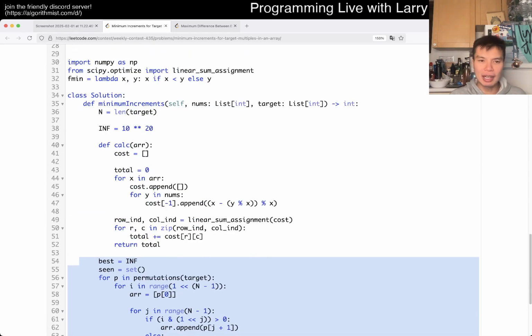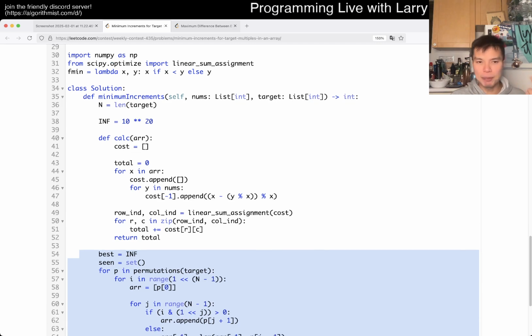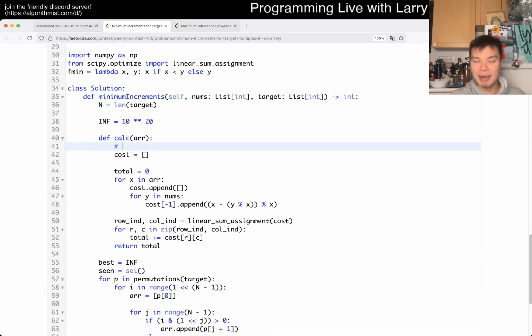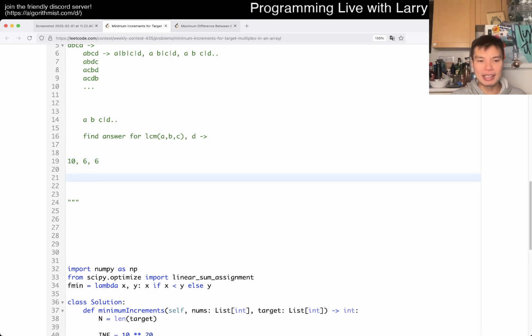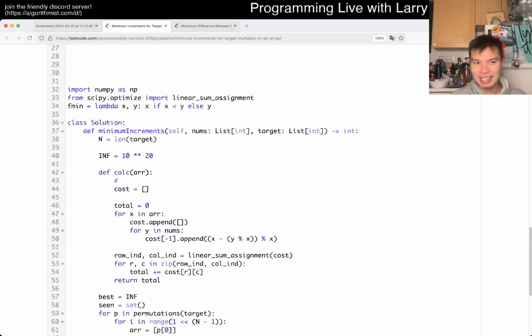But it turns out that because you are doing this permutation thing where order does matter, let's look back at our 1 0 6 6 as the input. If we do all the permutations, then you have 6 6 1 0 as well. But that means that it also gives you an ordering, right? And ordering means going from left to right, and it allows you to brute force trying what to match first in a greedy way. And that's kind of the way to think about it.